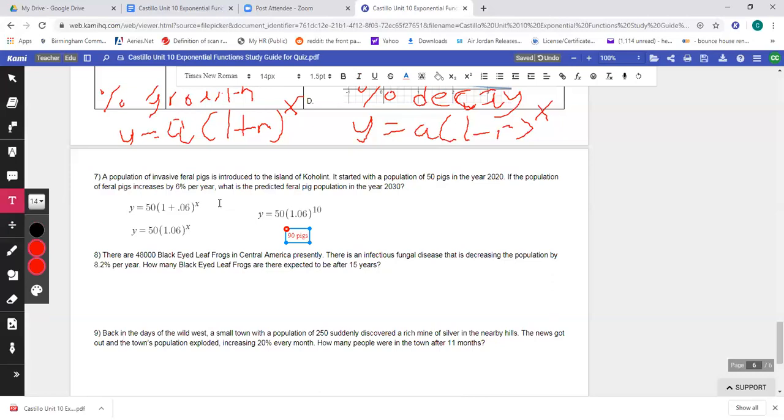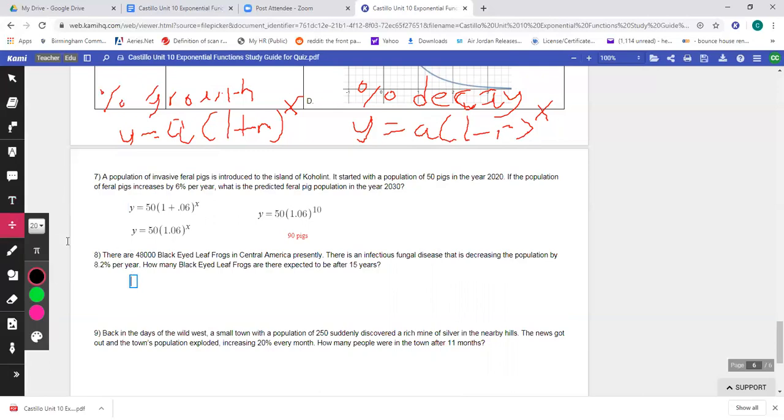It's pretty straightforward. So number 8, there are 48,000 black-eyed leaf frogs in Central America presently. There is an infectious fungal disease that is decreasing the population by 8.2% per year. How many black-eyed leaf frogs are there expected to be after 15 years? So now the population is decreasing. So I'm going to use your decay, where it's just the same thing, but it's subtraction.